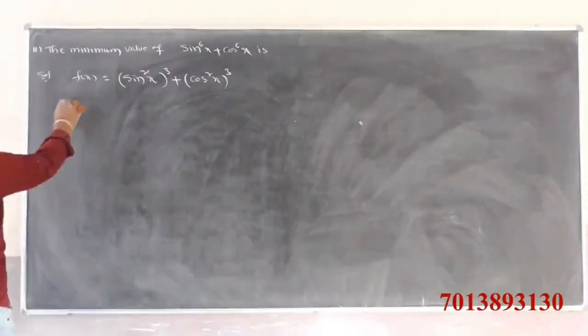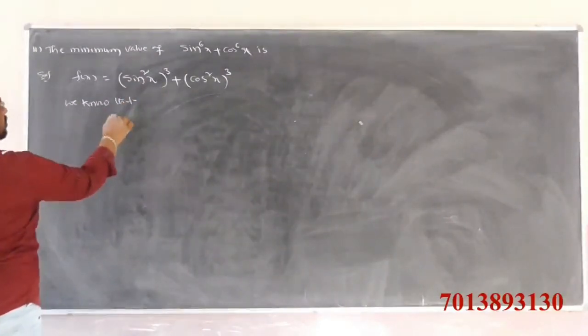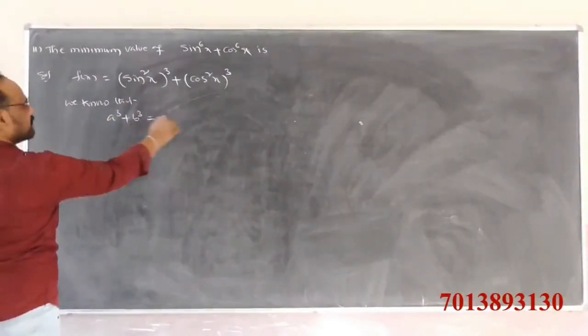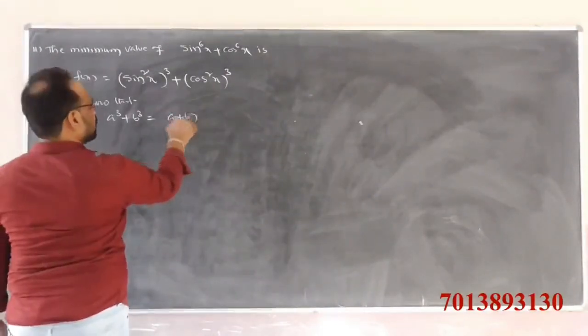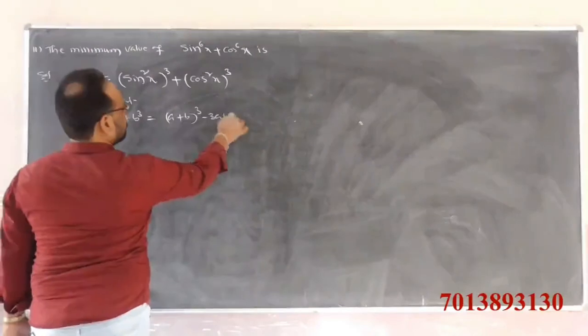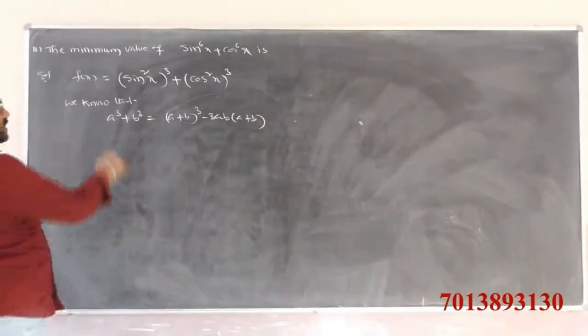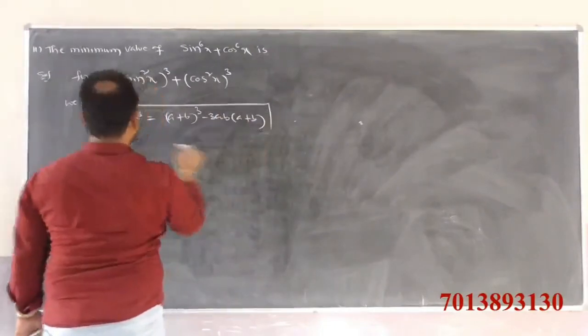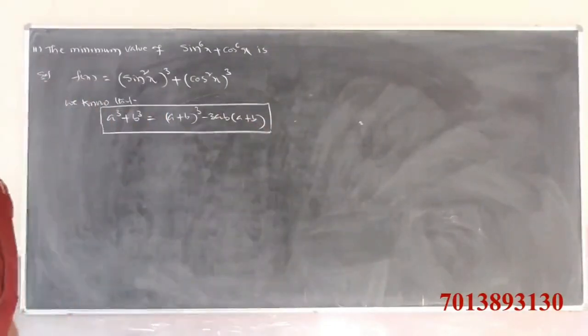So we know the identity a cube plus b cube is equal to a plus b whole cube minus 3ab into a plus b.